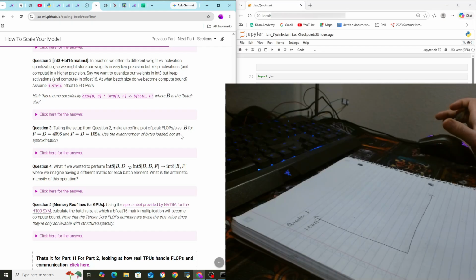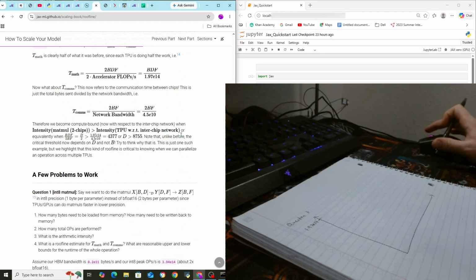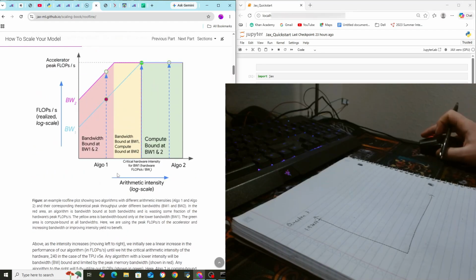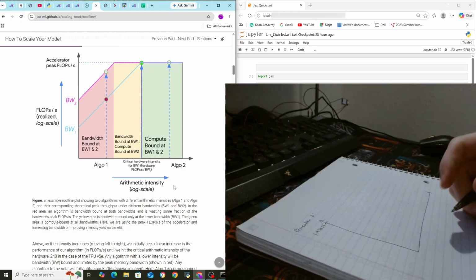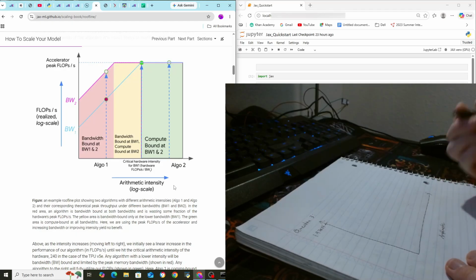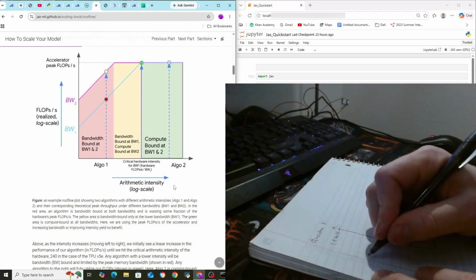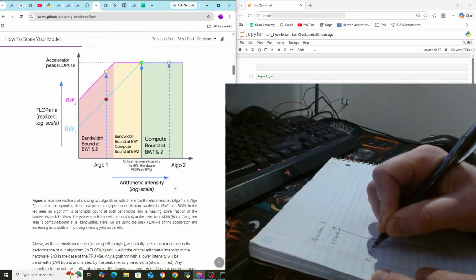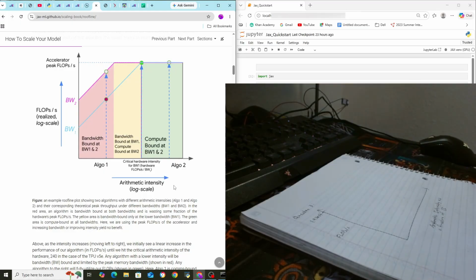Flops per second versus B. So this is B. Let's say arithmetic intensity is a function of B. Let's just write it out fully so it's not confusing what my notation is, as a function of B, and then flops per second.